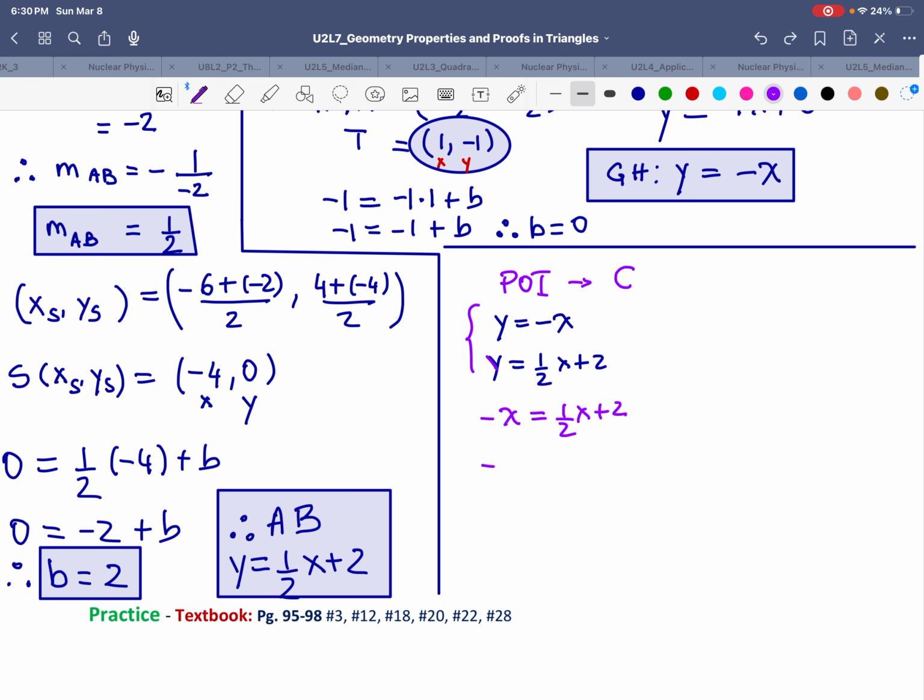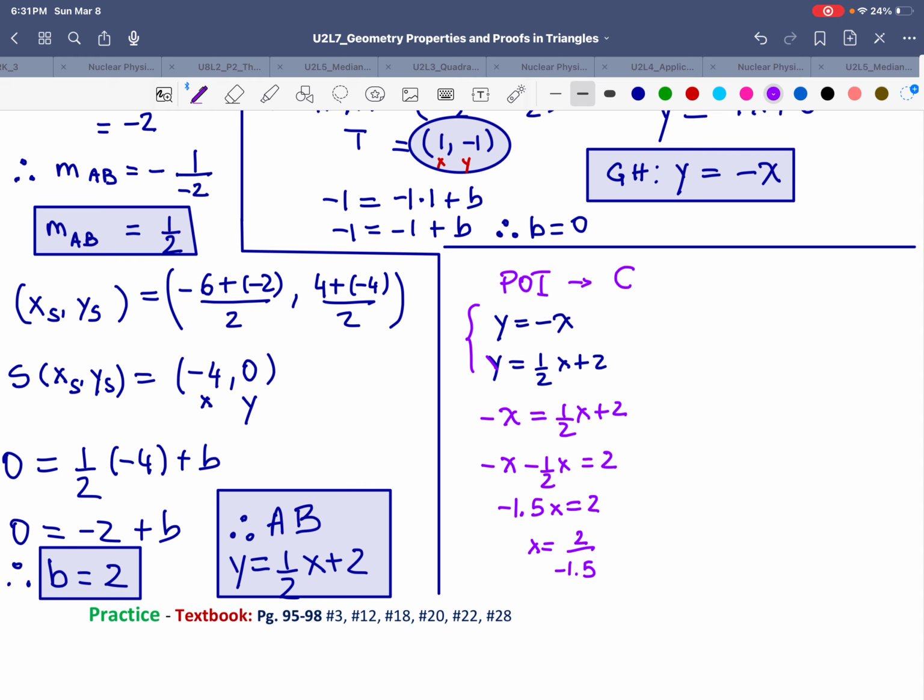So -x minus half of x equals 2. So we have -1 minus a half, which is -1.5x equals 2.